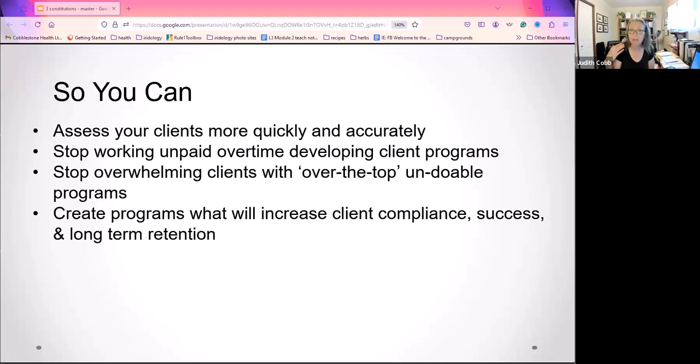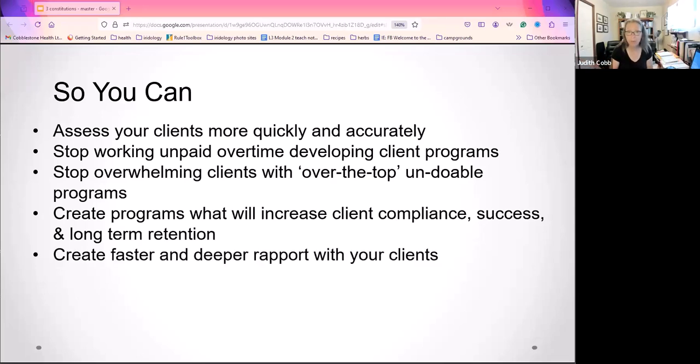If we only give them 2 or 3 very specific pieces of homework to do that are very clearly defined, it's more likely they'll follow through than if we give them 10 or 15 specific or vague recommendations, right? Create the programs that your clients can actually stick with and help them build success.